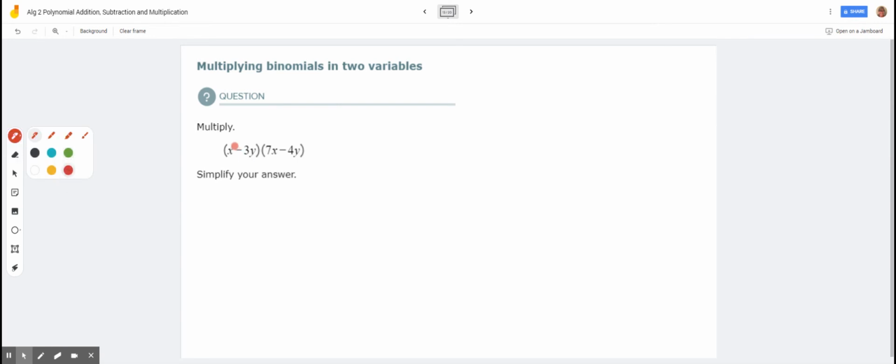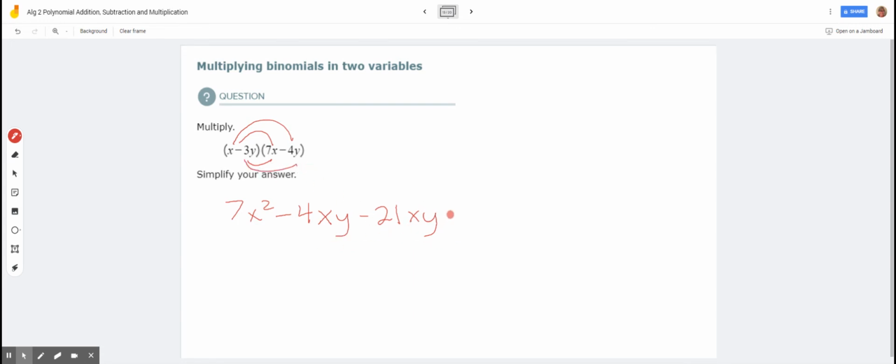Okay? First, x times 7x, 7x squared. X times negative 4y, negative 4xy. Put the x first. Here, negative 3 times 7 is negative 21. Y times x is xy. Put the x first because it's alphabetically first. That way you know they're like terms.